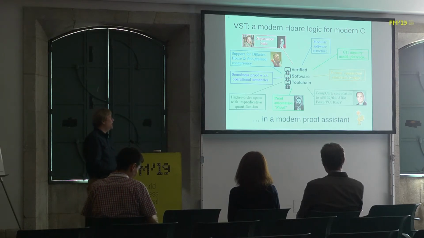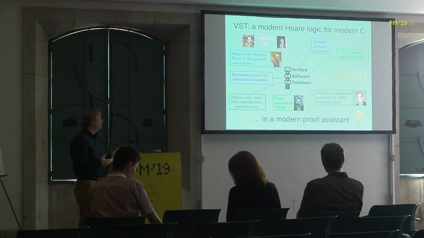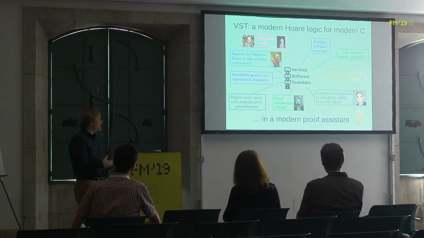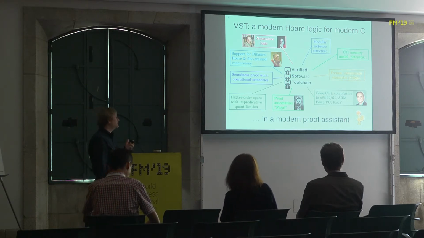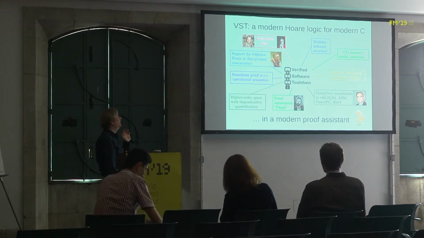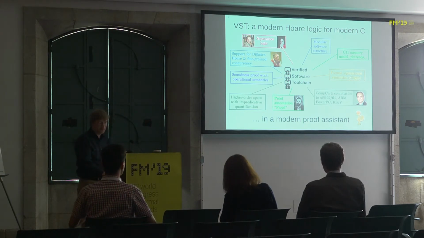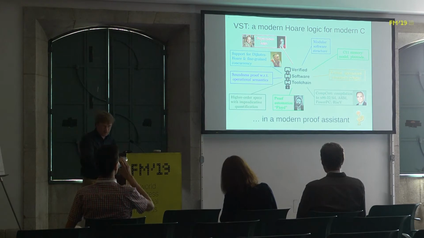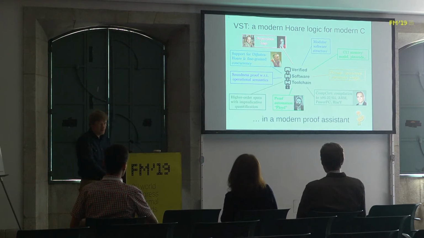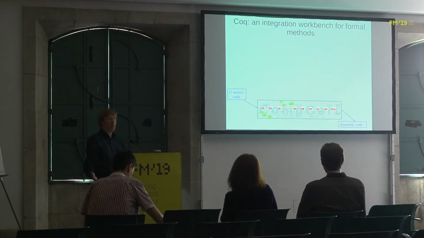They provide both the mathematical and logical assurance, but also the programmatic features and the expressivity that we think is needed to carry out this project. We see Coq, and similarly Isabelle, as great integration workbenches for formal methods.